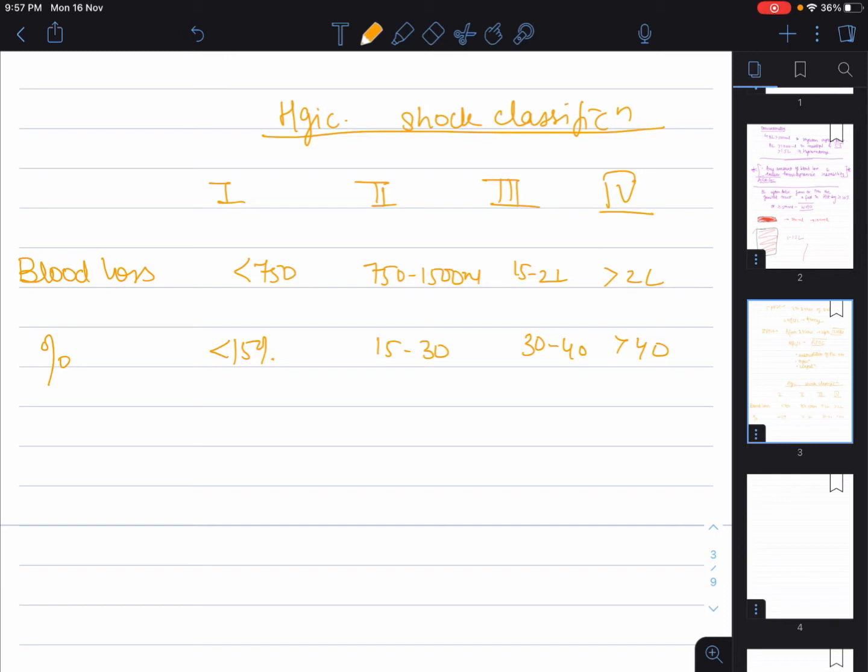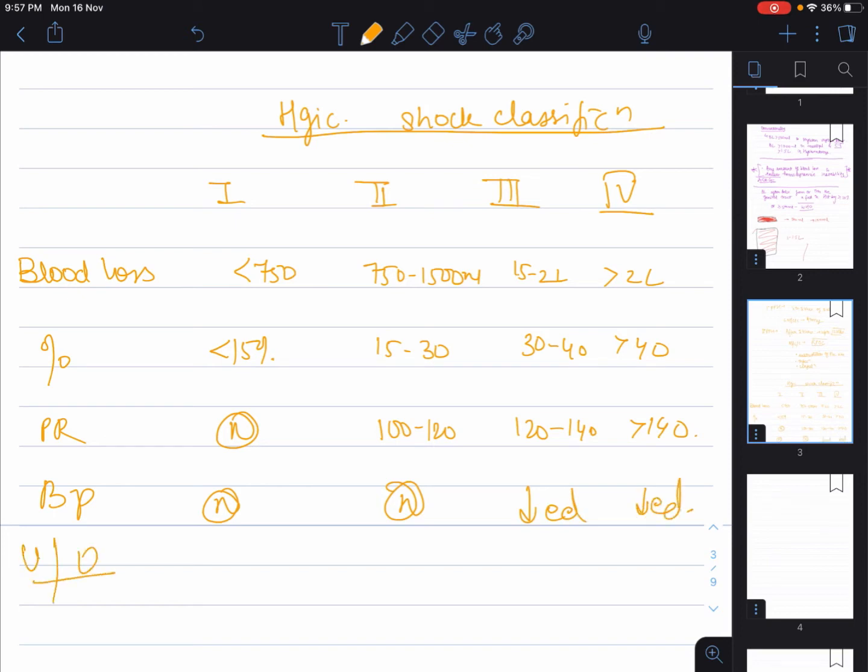The pulse rate is normal, that is less than 100, then 100 to 120, 120 to 140, and more than 140. BP is normal in the first two classes. It decreases from the third class onwards, right? Then the urine output, very very important.